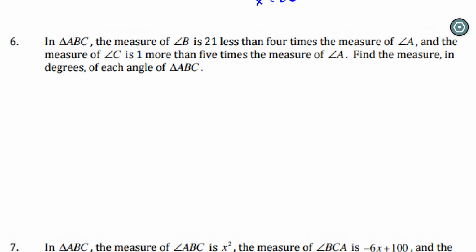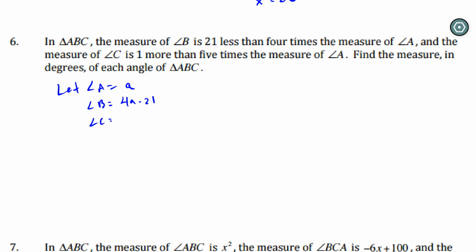6 is where things start to get a little bit more challenging. So it says the measure of angle B is 21 less than 4 times the measure of angle A. That's describing angle B. It then says that angle C is 1 more than 5 times the measure of angle A. That's describing angle C. So the only thing we don't know is angle A. So I'm going to let angle A just equal variable A. Angle B, well, that says 21 less than 4 times A, so that's 4A minus 21.